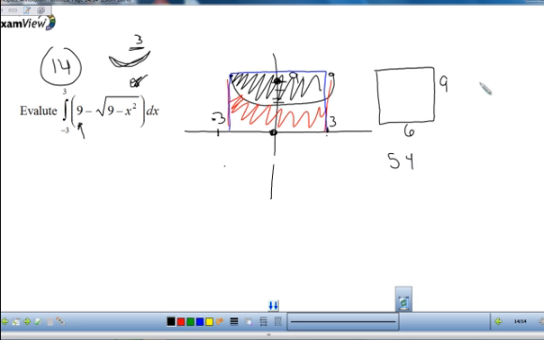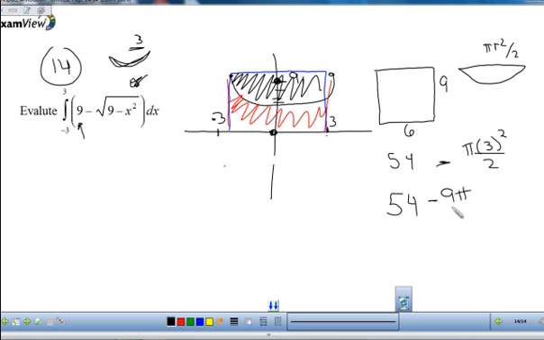The area of the circle, again, is pi r squared divided by 2 because it's only half a circle. So it's going to be pi times the radius squared over 2. So it'll be 54 minus 9 pi over 4.